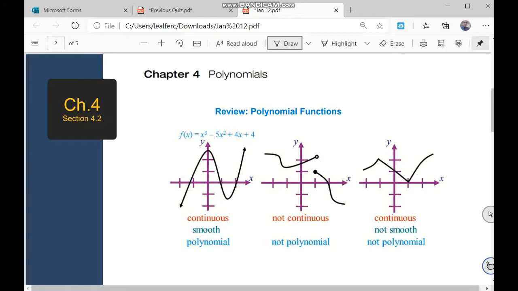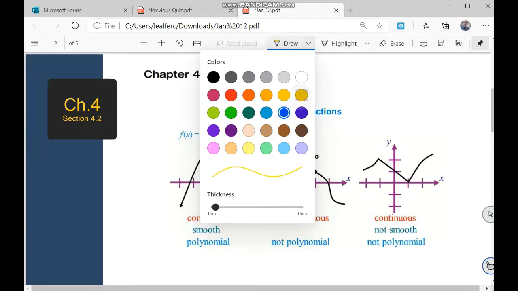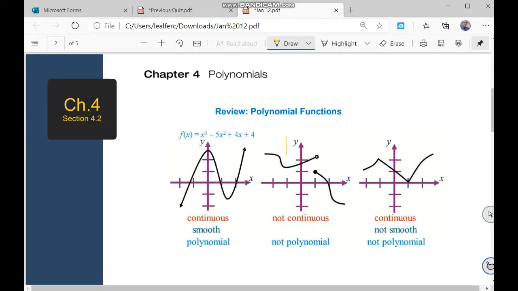And to add a little bit more to this knowledge on the polynomials, we remember how to check if a graph is a function or if it's not a function. Remember from last semester, we talked about it. It's the vertical line test. It means you have to draw a vertical line, and if it intersects the graph in just one point, that means this is a function.